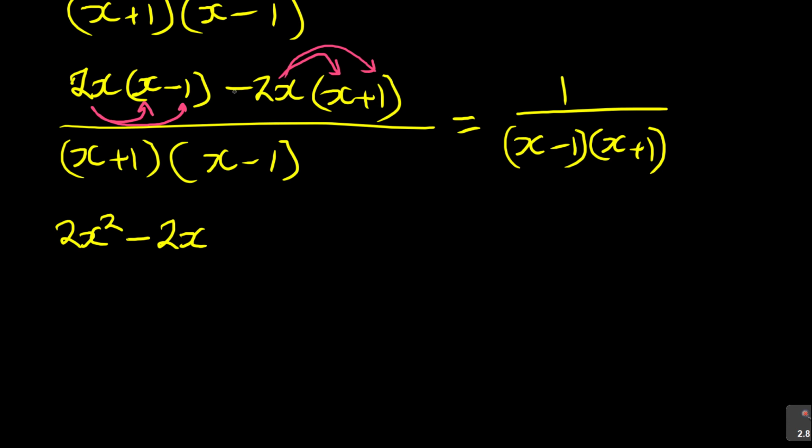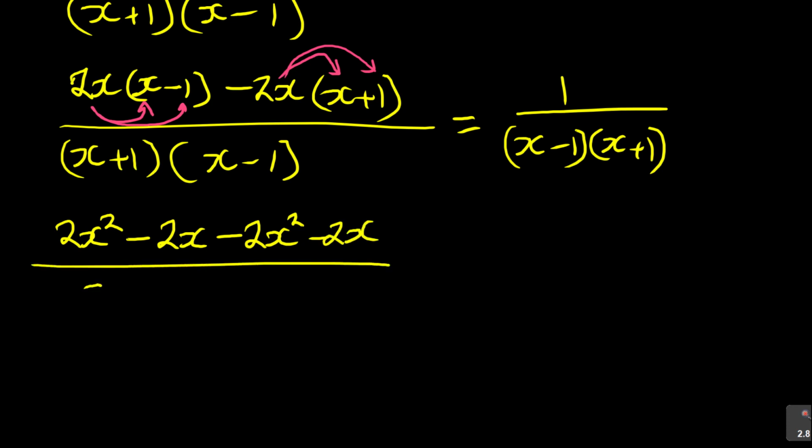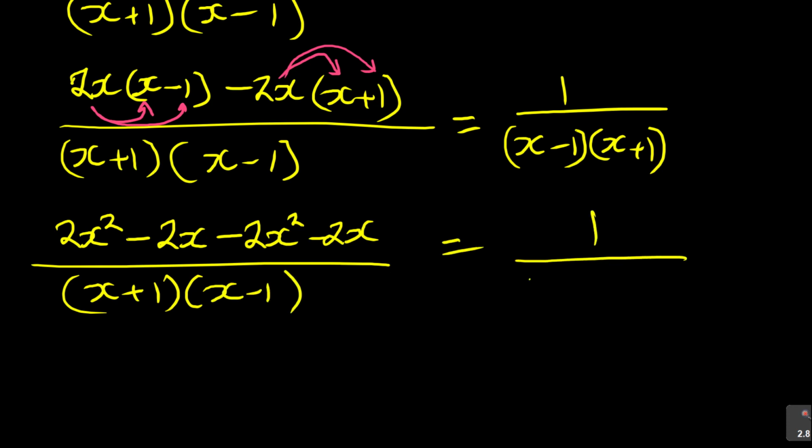Now again, minus 2x times x. Instead of 2x squared, now it's minus 2x squared. Then minus 2x times 1, the negative is powerful again, it's minus 2x. Then we are dividing by x plus 1 and x minus 1, which is equal to 1 over x minus 1 and x plus 1.